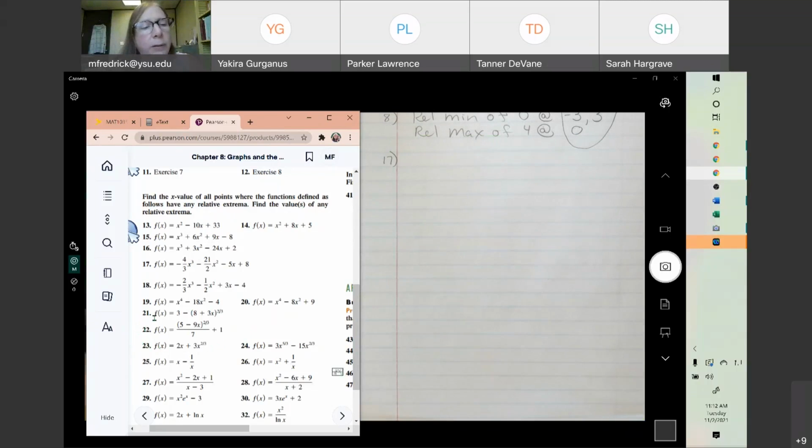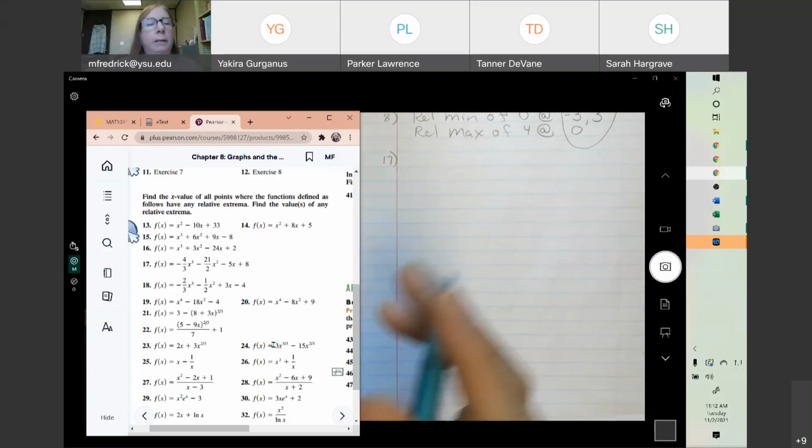Oh, 23 is fine. 21 and 22, it's a quantity to an exponent. That's a chain rule. We didn't cover that. We didn't cover exponentials or natural logs. We only touched on the simplest part of derivatives. So there are some problems if you're just opening up the book that we haven't covered. But if you ever have a question, just let me know.